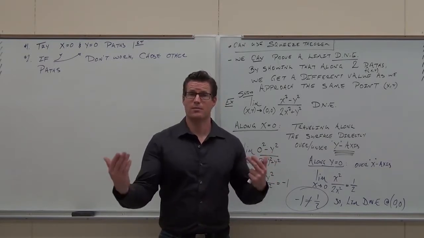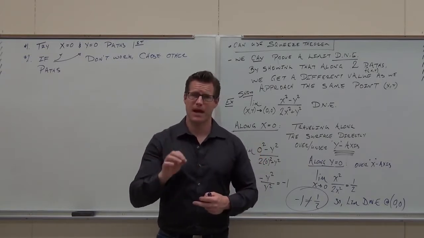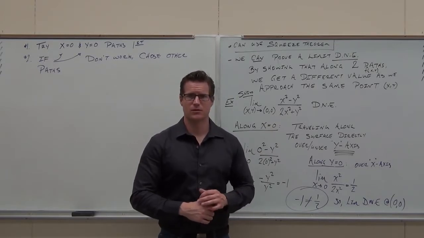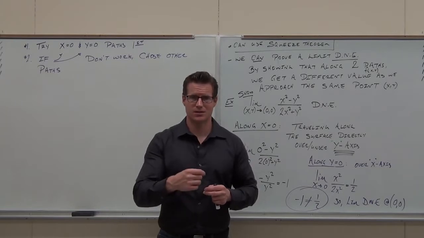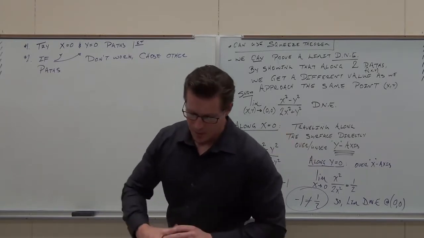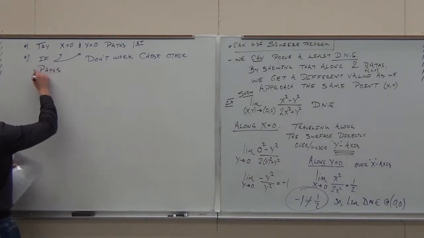No, you want to make sure that path actually contains that point. Does x equals 0 at some point contain 0, 0? Yeah. When x is 0, and then when y becomes 0. That's why you got to go along y. So make sure that happens for any substitution you make, any path you choose.